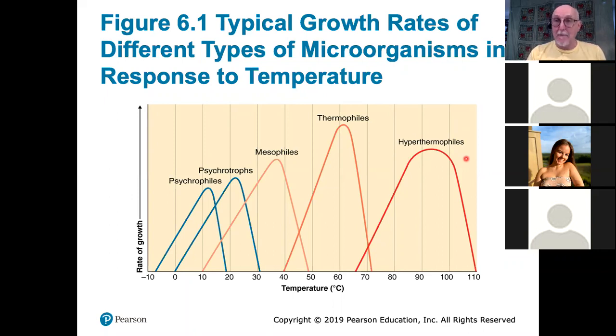So these hyperthermophiles are typical of areas, for example, at the bottom of the ocean, volcanic vents, at hot water vents on the floor of the ocean where they're under tremendous pressure and the water does not actively boil.